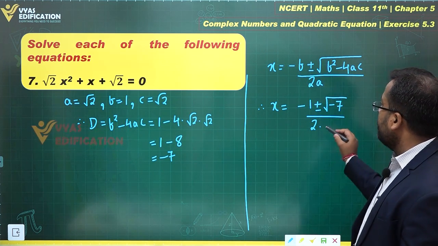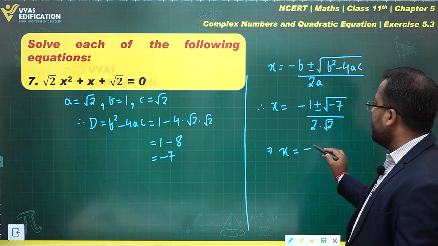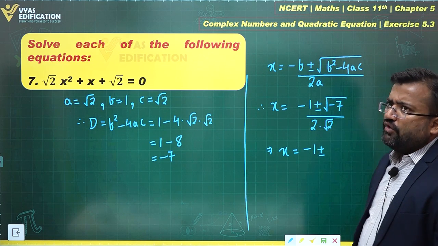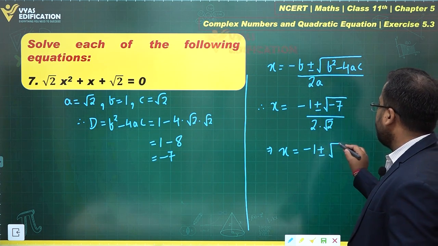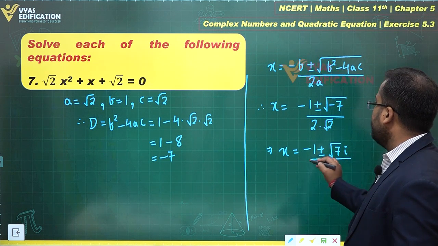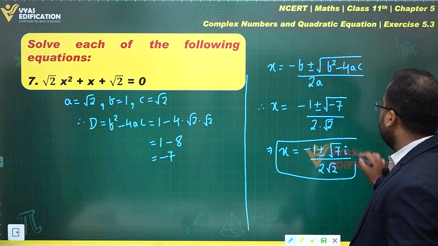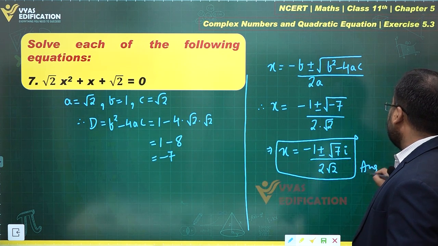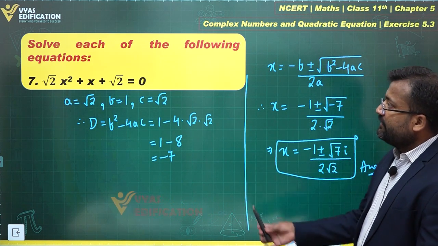As you can observe, the value of a is root 2, which gives me x equals minus 1 plus minus root of minus 7, which is root of 7 into root of minus 1, i, whole divided by 2 root 2. That is my answer for this question.